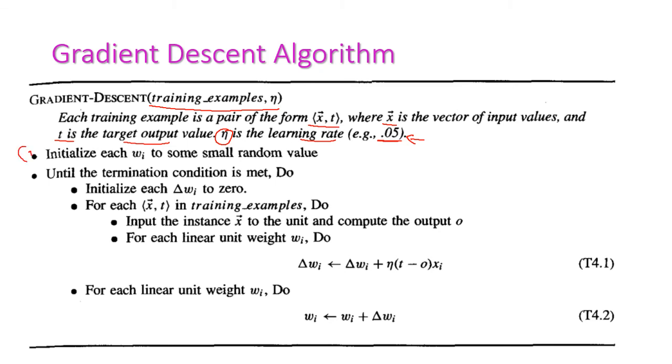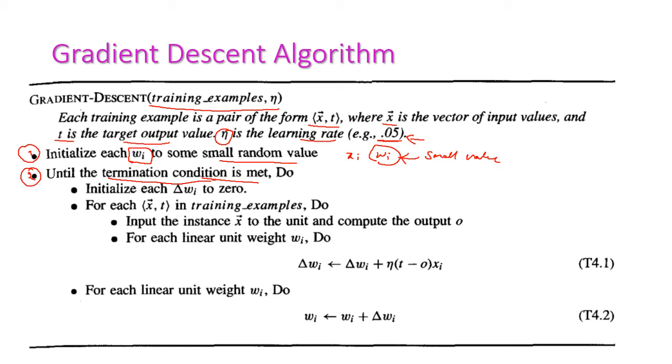So step 1 is to initialize Wi to a small random value. We have to assign a very small weight to all the inputs. So for all xi we need to assign Wi. Initially we have taken a small value for all Wi. And step 2 is, until the termination condition is met.